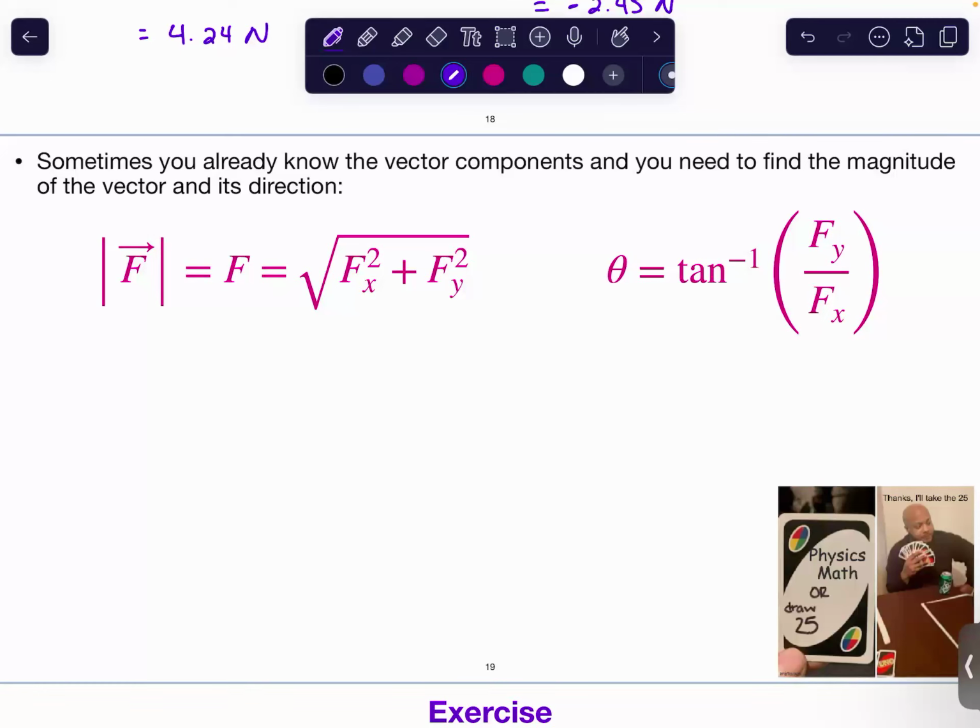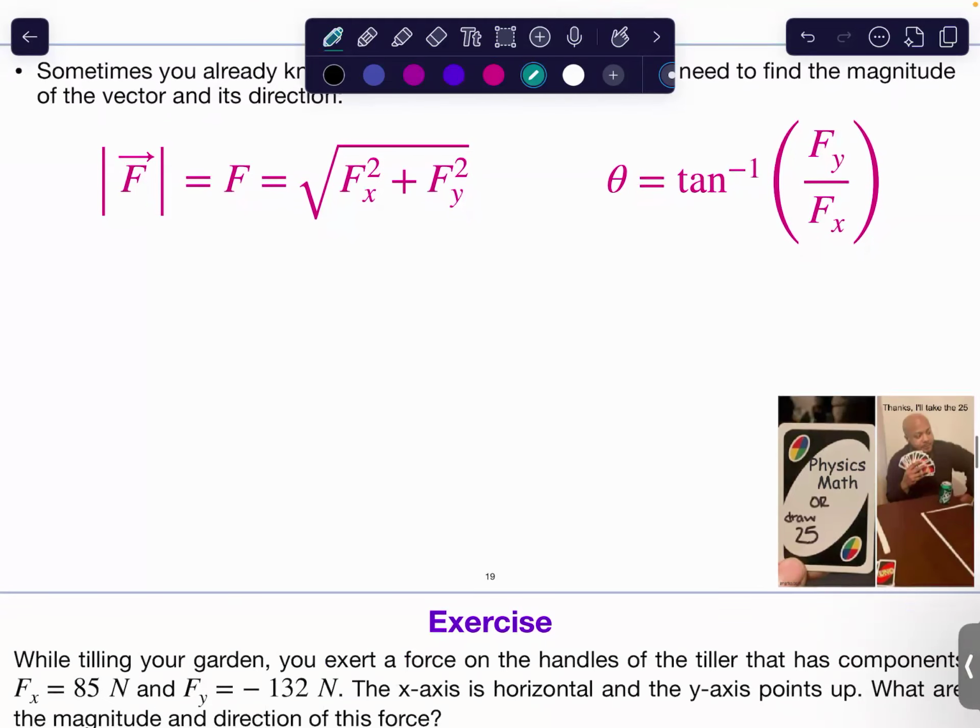The magnitude formula there on the left, what does it look like? The Pythagorean theorem. So let's go ahead and say I have a force vector.